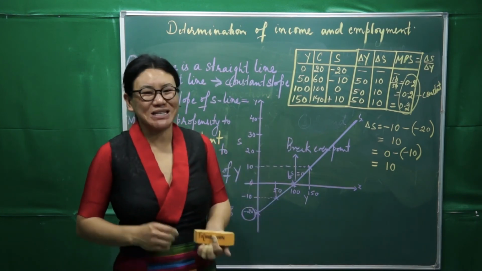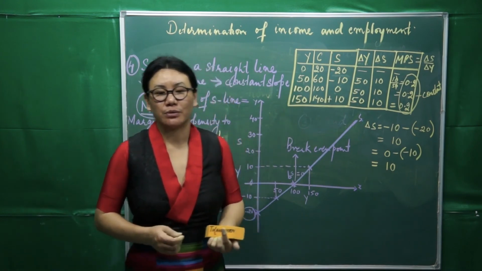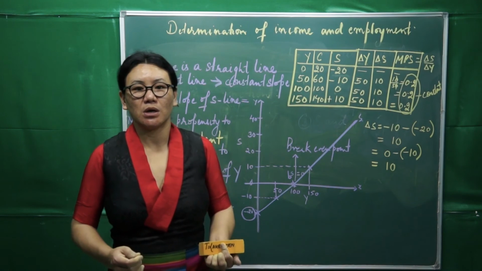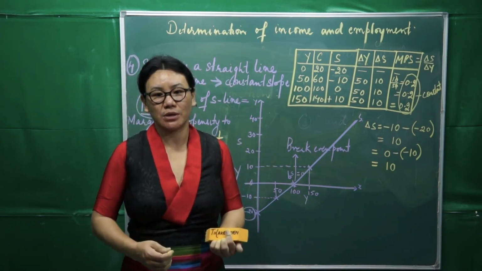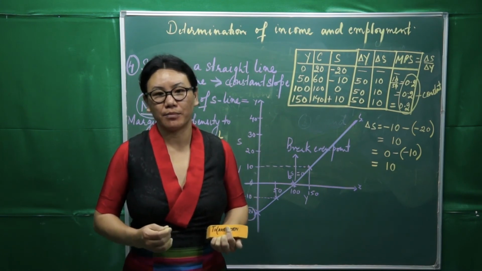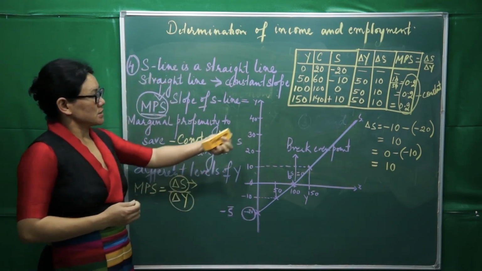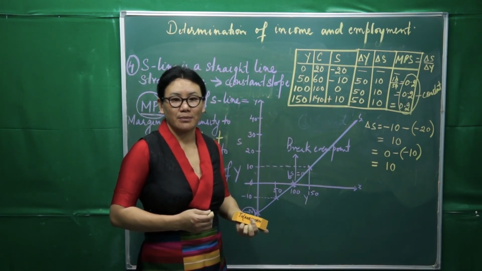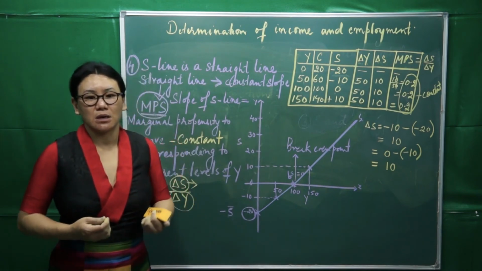Now in this, how much is saved when income is rising? 0.2, which means 20%. 20% of income is saved every time there is a rise in income. So now see, MPS we are getting 0.2. It remains constant.